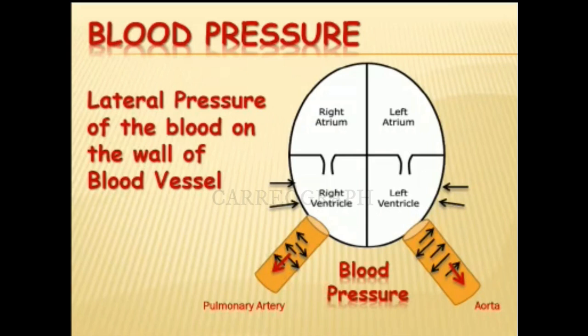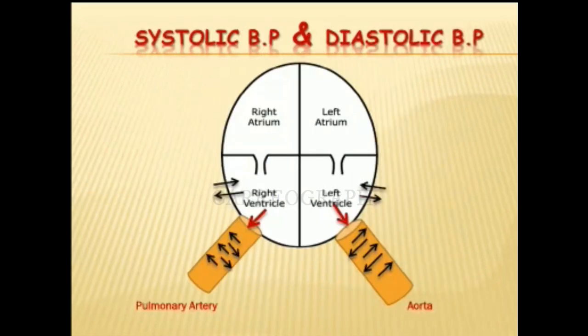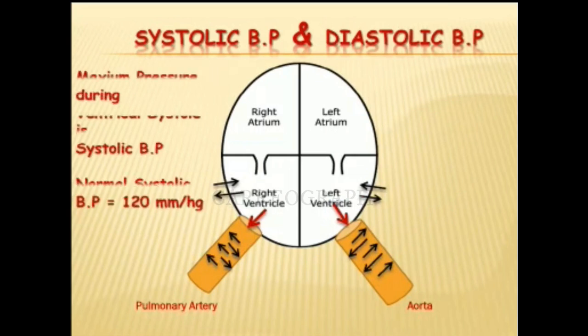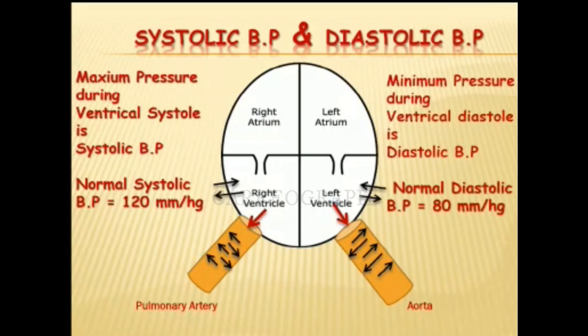Now friends, we will see the systolic blood pressure as well as diastolic blood pressure. Systolic blood pressure is the maximum pressure during ventricle systole, and the normal systolic blood pressure is 120 millimeter of mercury, whereas the minimum pressure during ventricle diastole is diastolic blood pressure, and the normal diastolic blood pressure is 80 mm of mercury.